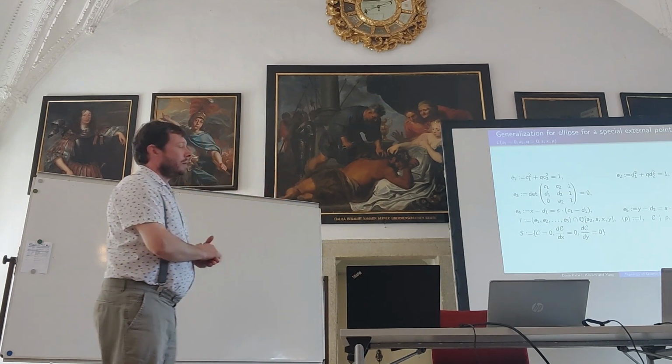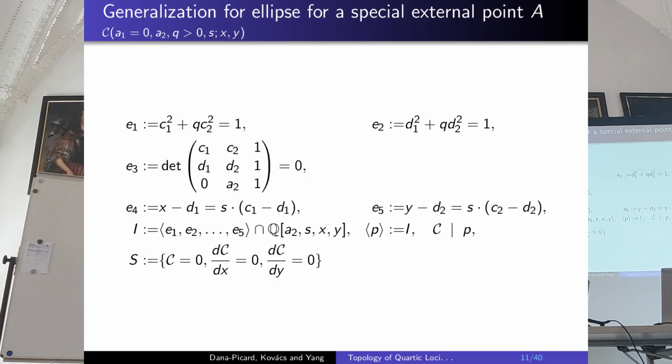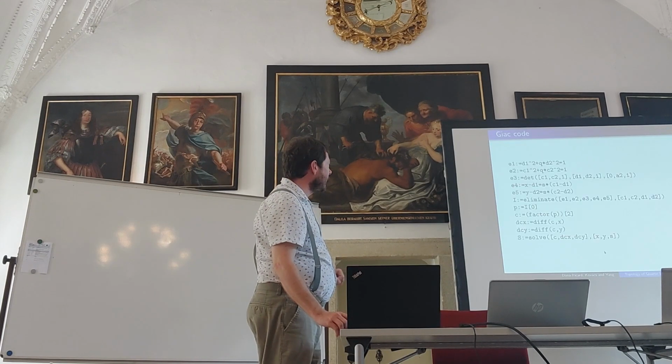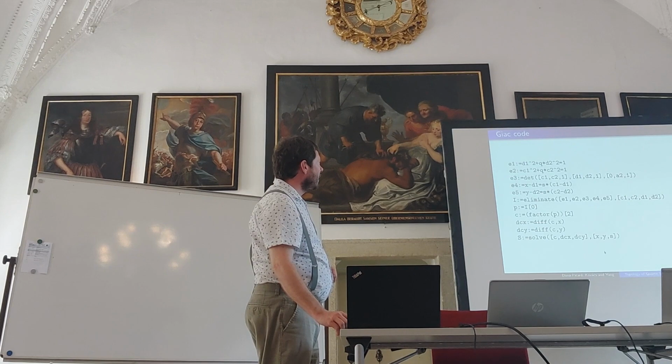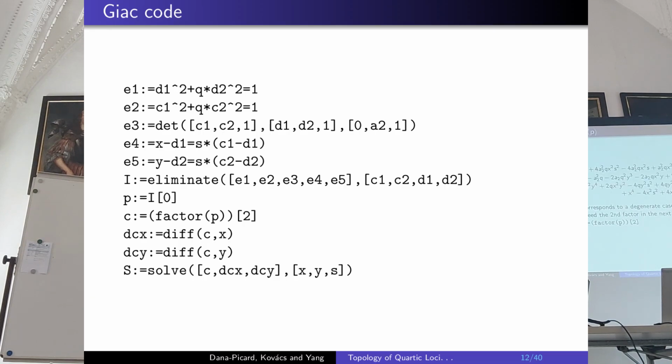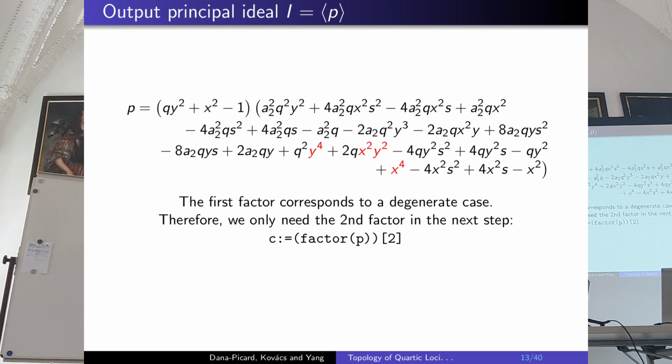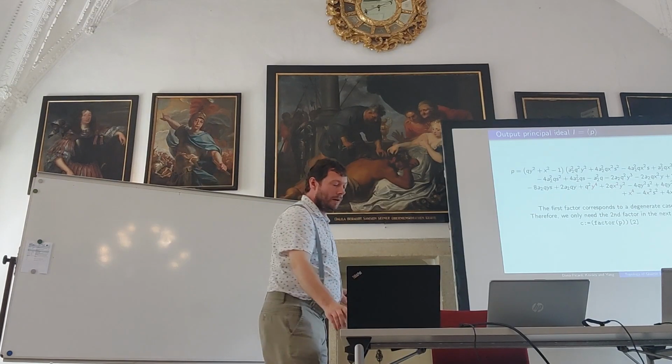The generalization, if we want to do the same for the ellipse, is not really difficult in terms of algebra. We only have to have a q greater than 0 assumption, and the technique is actually the same. The problem is very similar, and we have again a quartic for the second factor, and of course some more parameters, because we have a more general question.